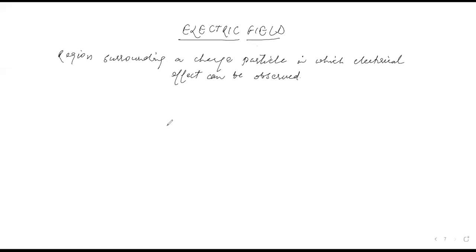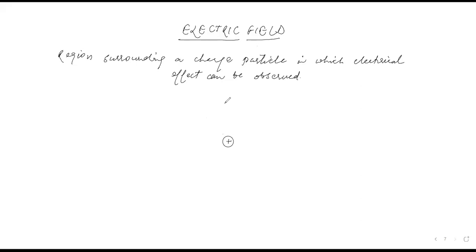Are you clear? Suppose that you have a positive charge like this. In this case, surrounding this charged particle, depending upon the magnitude, it creates a region surrounding itself, in which you can observe the electrical effect if you put another charge.